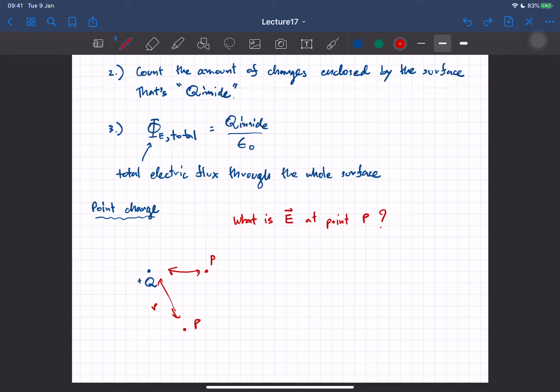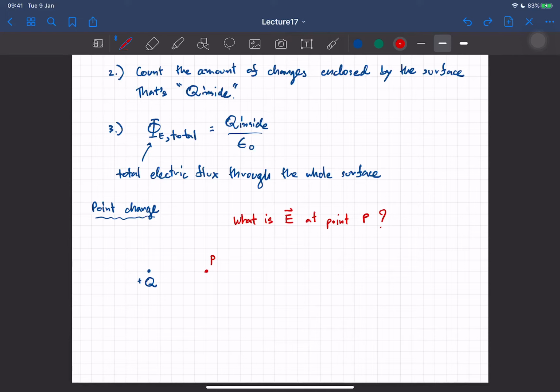So that's the symmetry that we are talking about here, right? If that's the case, then the Gaussian surface that we choose should preserve that symmetry, which is spherical. So the surface which is suitable in this case should also be a spherical surface.